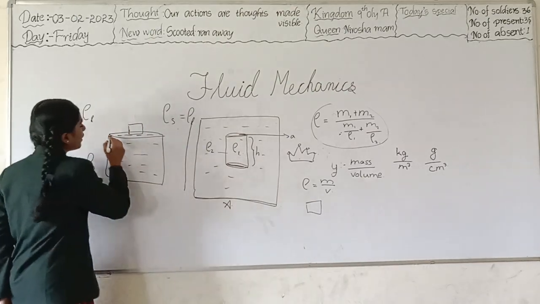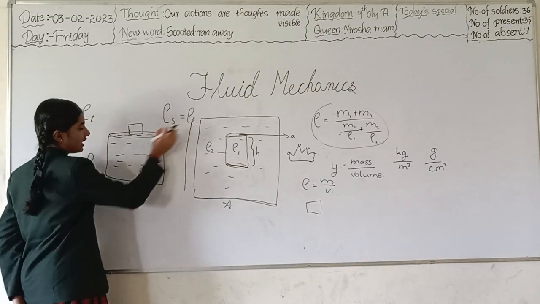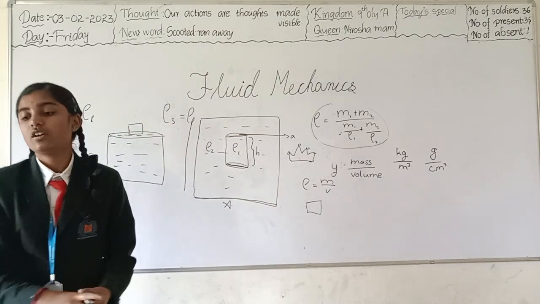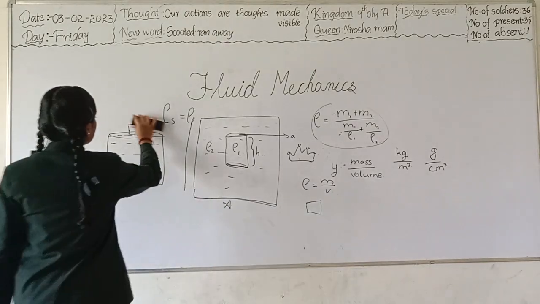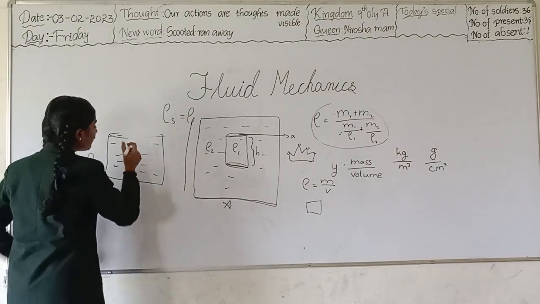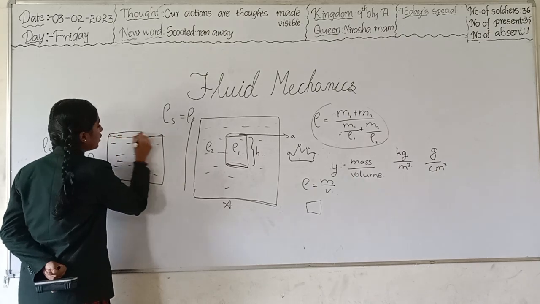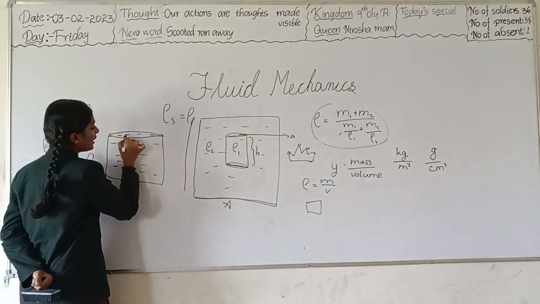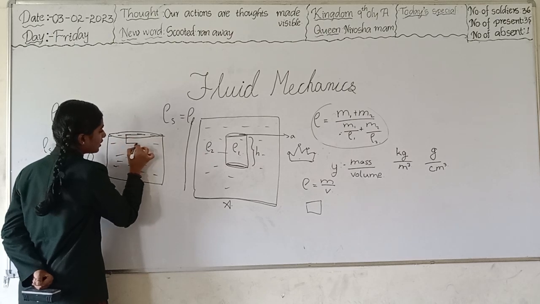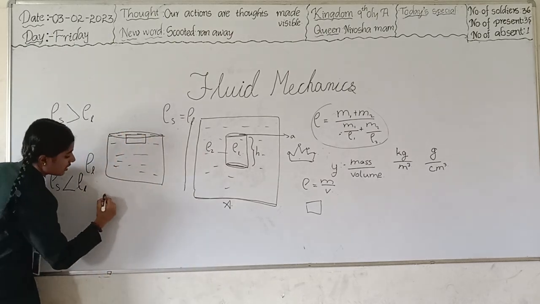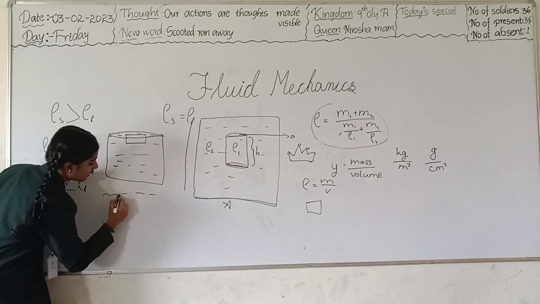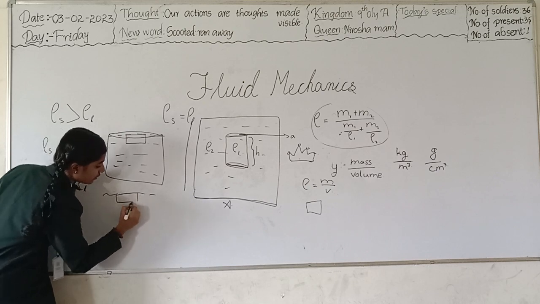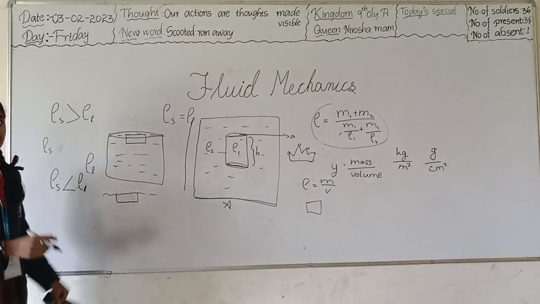Yeah. See, when rho S is equal to rho L, the object will not sink into the water, or it won't even float completely on top of the water. It will float right here. Means if the water level is still here, it gets immersed, but it floats at the top of the water.